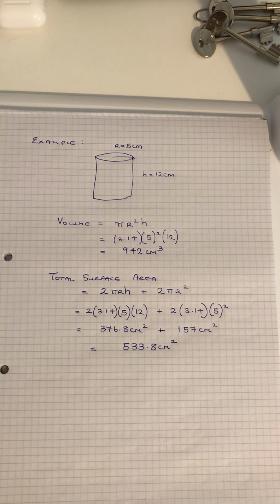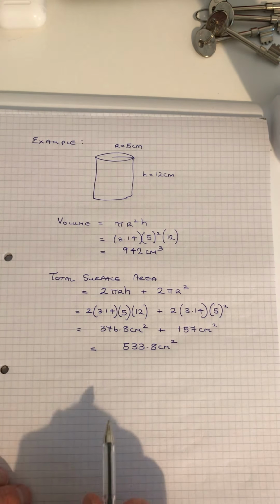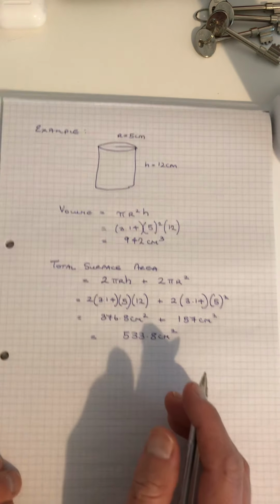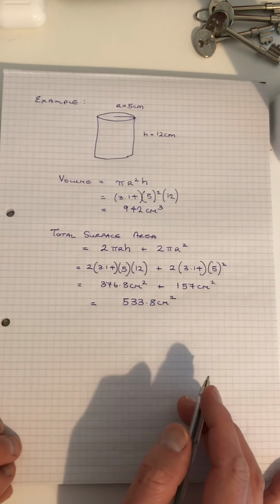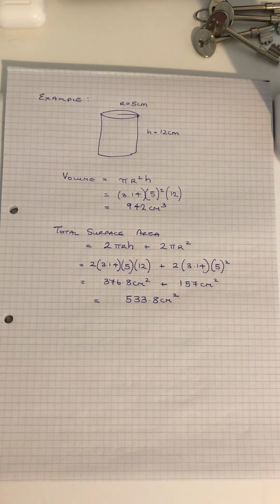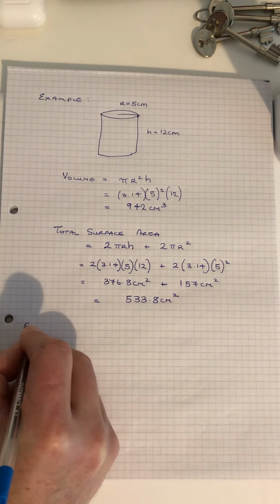Okay, now sometimes they can ask maybe more, like maybe a semicircle or some shape like that. Okay, so what happens if they ask us for a sphere?